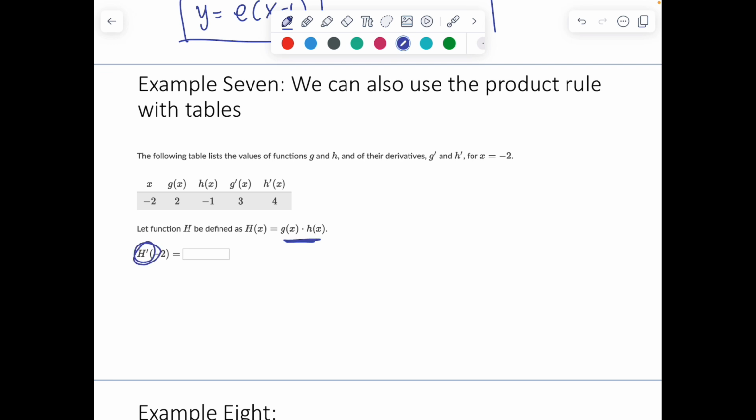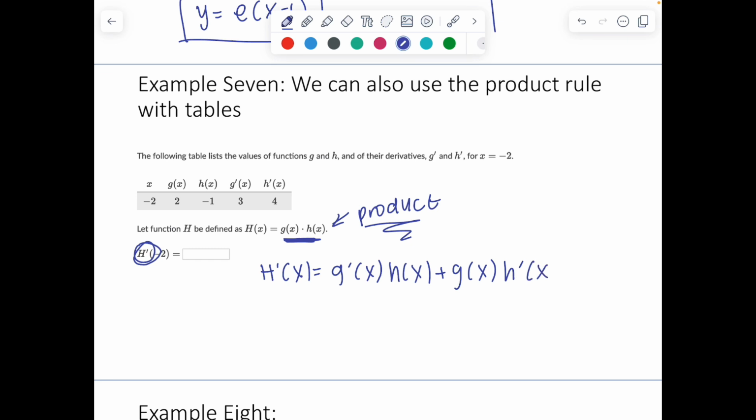And so I noticed that this is a product here, right? So this is a product. And so that means I have to use the product rule. And so this is going to be h prime of x equals g prime of x times h of x plus g of x times h prime of x, based on what it told me. And then I'm trying to find it at -2.